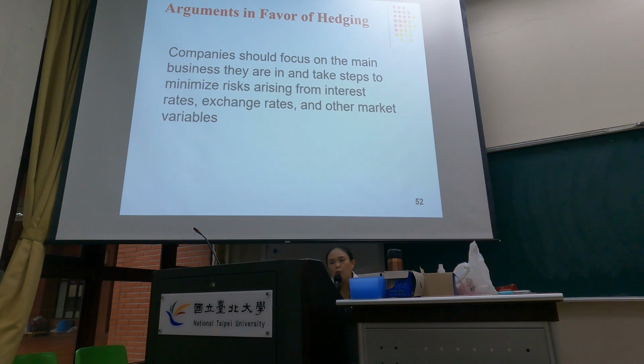So companies should focus on the main business they are focusing, and then take steps to minimize the operation risk. So as a consequence, they should hedge the risk, apart from the sales. So basically, your purpose is to lock in the price.